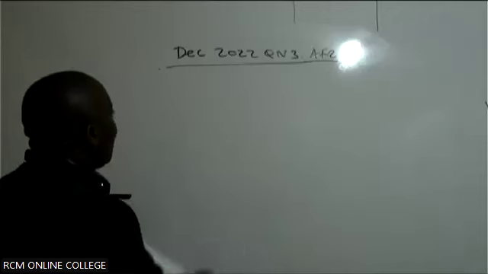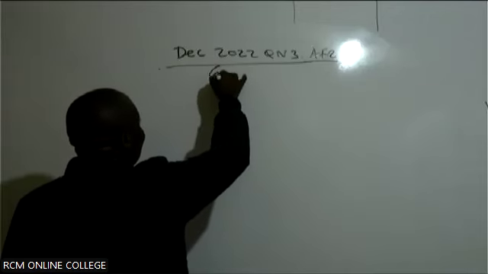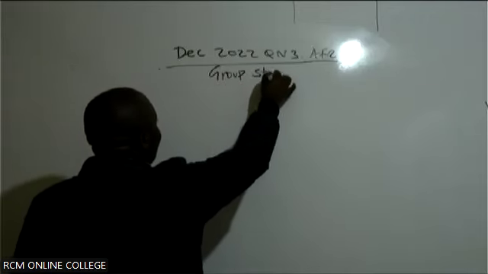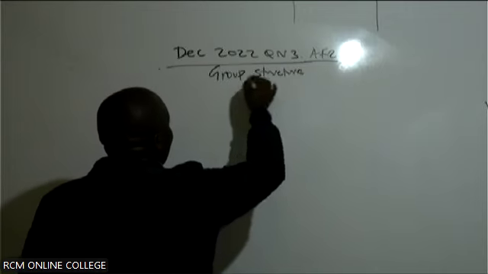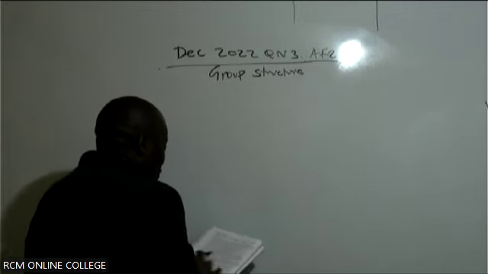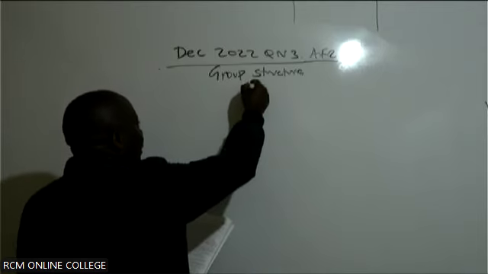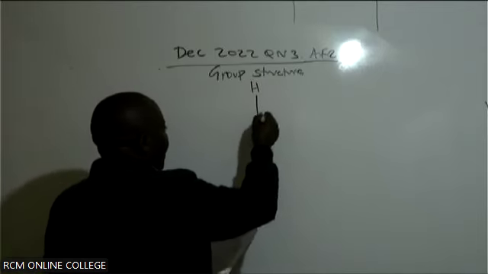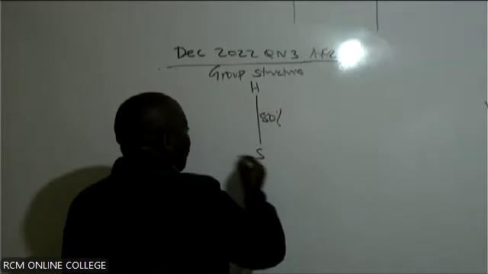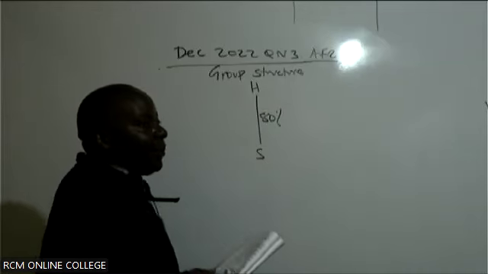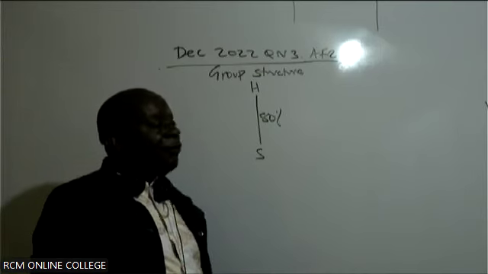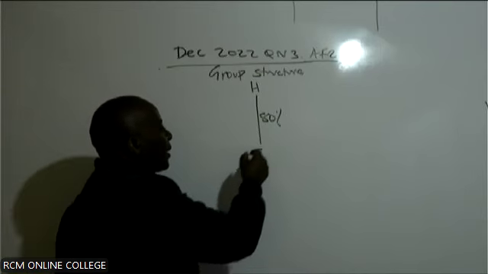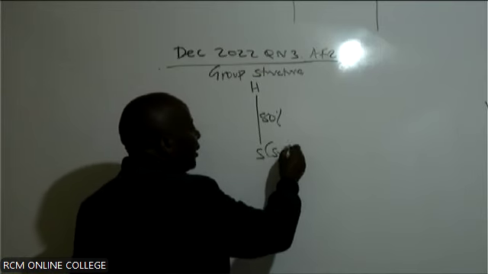So first of all, we start with the group structure. So the group structure like that. So in this group structure, we have H, which acquired 80% of S. 80% is so huge, it's more than 50%, meaning that S is a subsidiary.